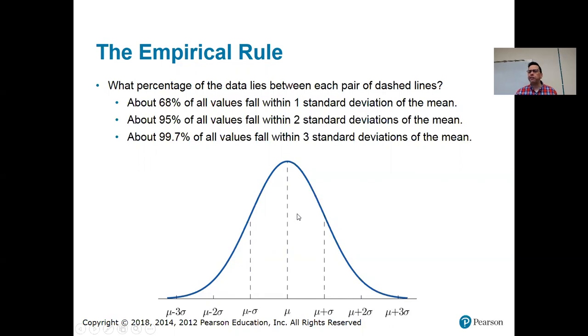So you have these 2 regions that are mirror images of each other. Remember, these bell-shaped distributions are symmetrical. So if there's a total of 68% in this region, then within each one of these regions separately, there would be 34%, half of the 68%.